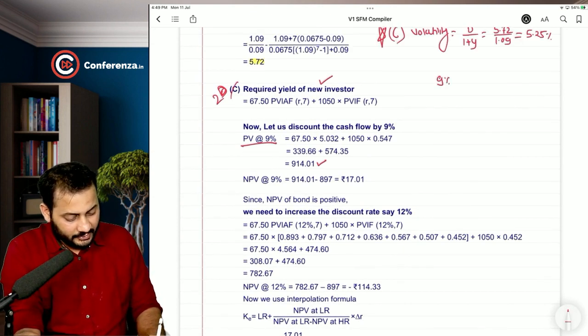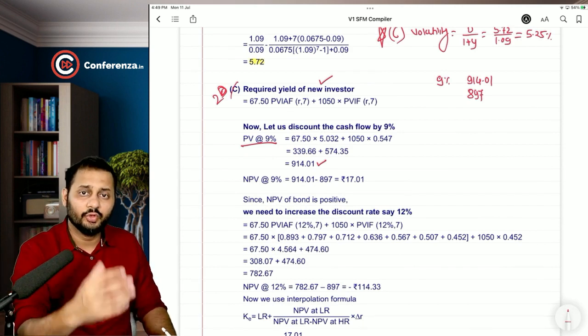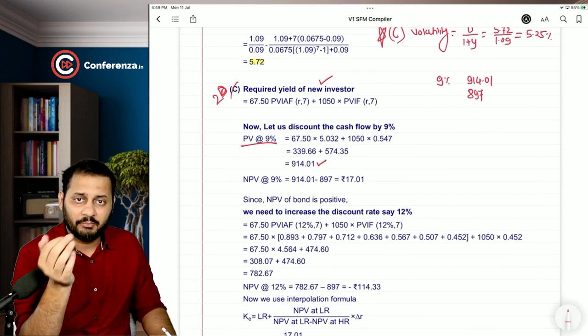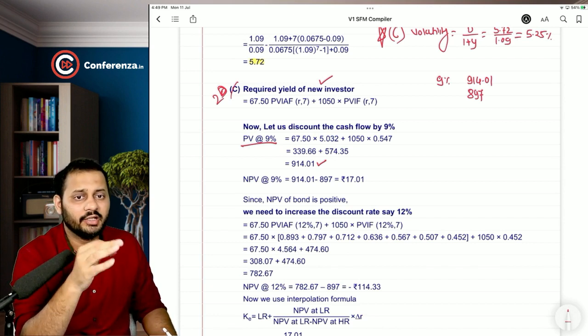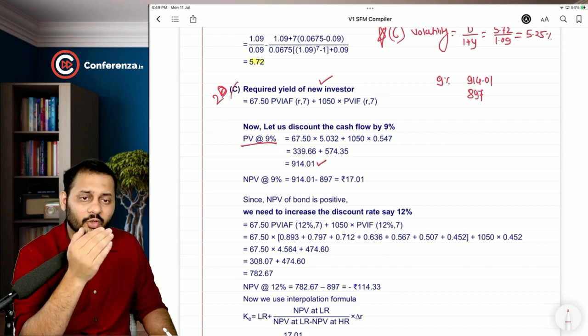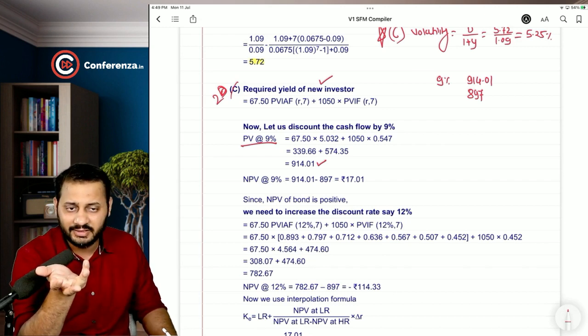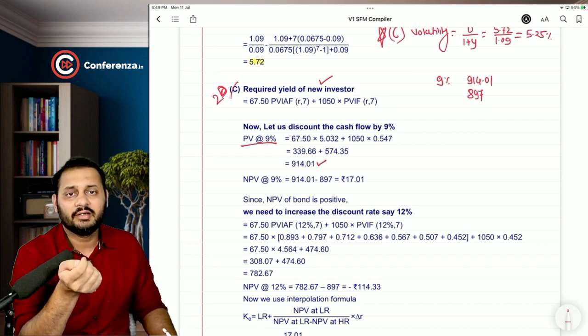At 9%, the NPV was 914.01. You want to bring it down to 897 because you want to know what is my return if I buy the bond at 897. If I'm buying at 914, I'm earning 9%. If I buy at a lower price, the earning will obviously increase. So what is the earning at 897?